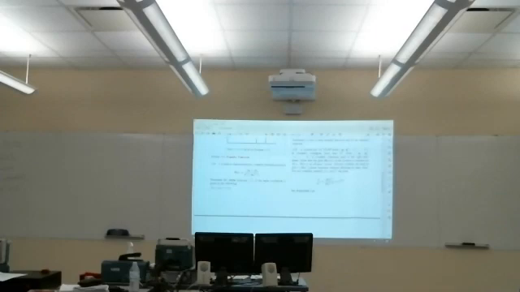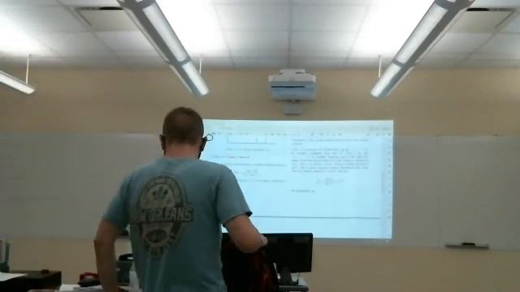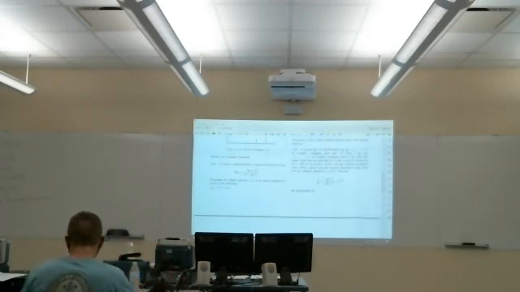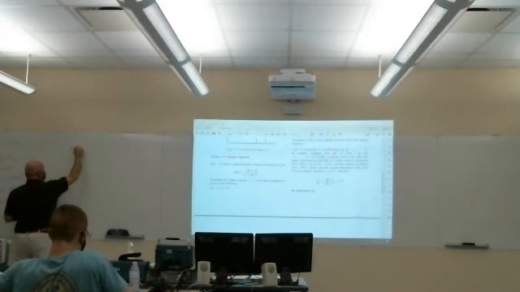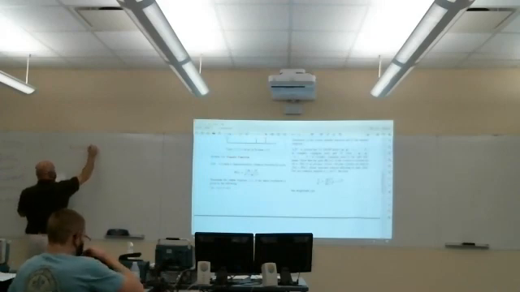H of s, which is the Laplace transform of h of t, is the system transfer function, often just called the transfer function. It contains all the information that's actually in the differential equation description of the system. It has everything about the structure of the system, the relationship between the input and output, except the initial conditions that might be present.